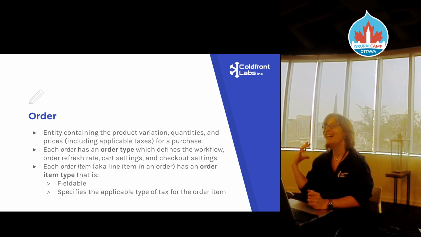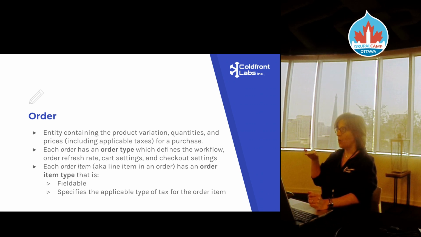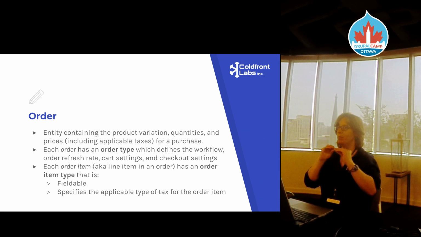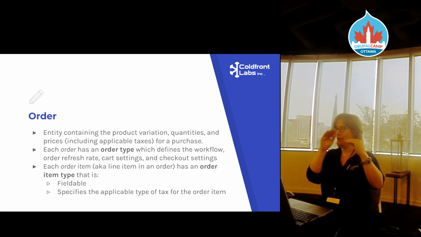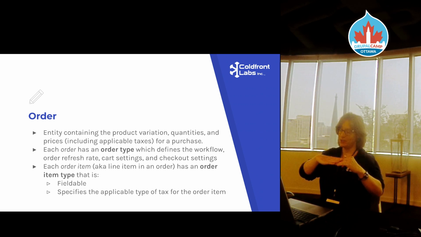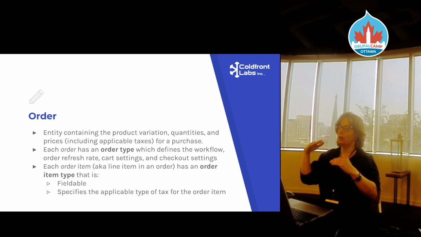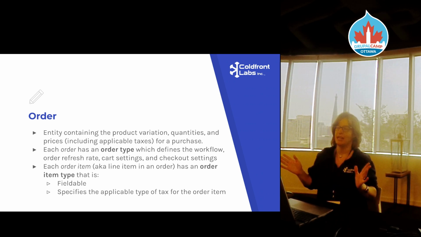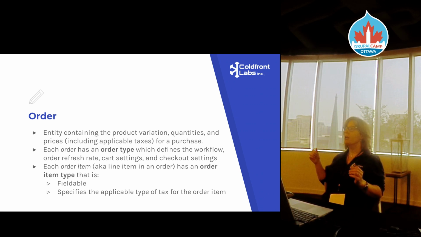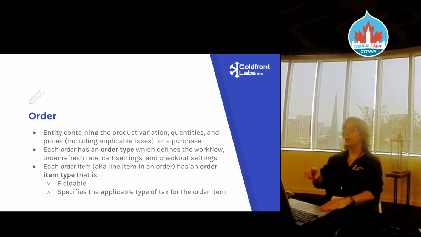And as additional flexibility, each line item in an order, which is the combination of the product variation and the number of items, can also have a type. I'll give you an example of what this would be. So if I'm buying a coffee mug and I would like a customized message on that coffee mug, when a user is checking out, I could have a field on my order item type that mugs are a part of.